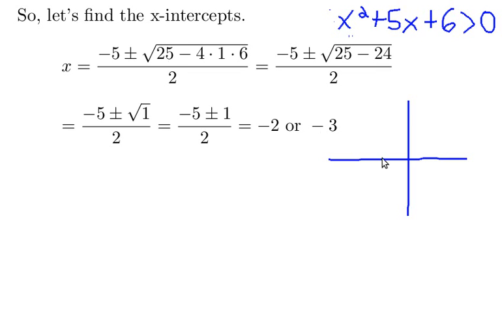So this is going to be a pretty skinny parabola. It has x-intercepts of negative 2 and negative 3. So let's say this is negative 2 and this is negative 3, and I have no idea what the vertex is, but it doesn't matter because I don't need to know what the vertex is. But it's going to open up, so it's going to look something like this.